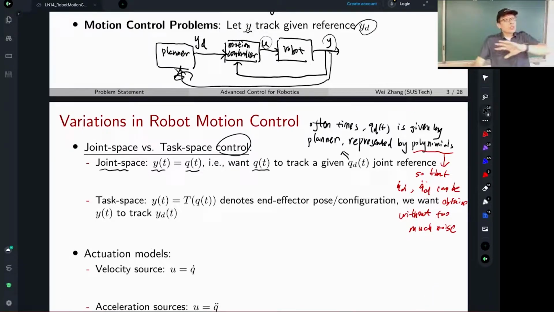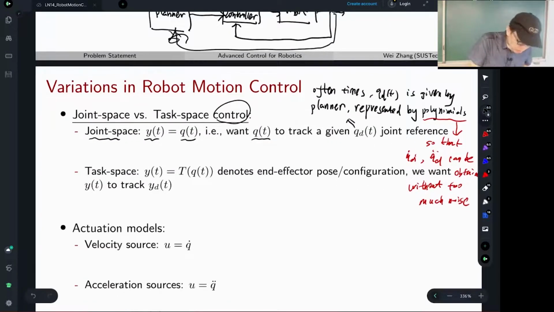This is outside this particular lecture. It's really about the planning part. So for motion control, let's think about motion control problems. At least what we care about is that you give me a YD, in this case joint YD will be QD, and I want to design a controller to track it.